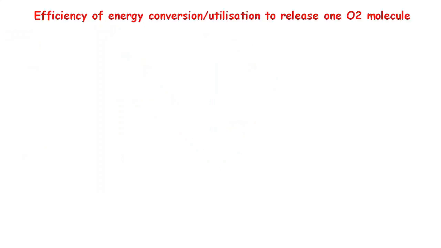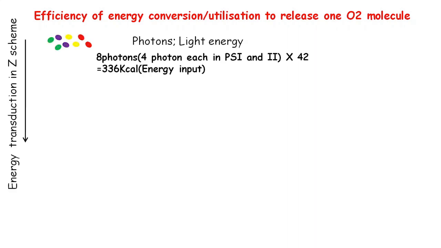So you can see and calculate the energy efficiency of every molecule of oxygen released in the Z scheme. For every electron released, it needs a single photon. Like this, a total of 4 electrons are released by splitting a water molecule with the evolution of an oxygen molecule. So 4 photons are required in each photosystem.